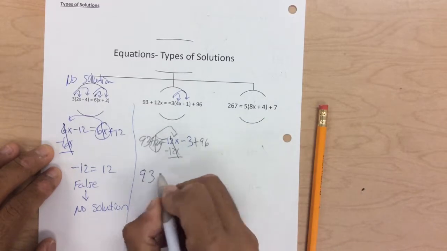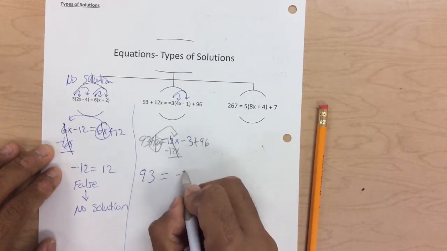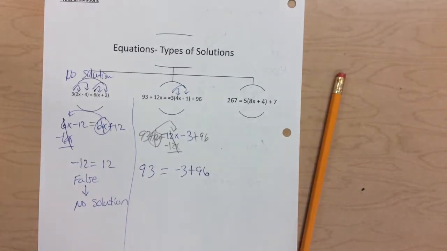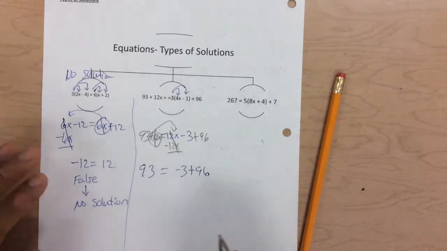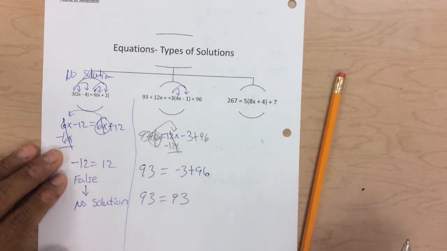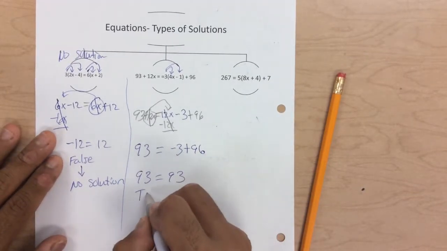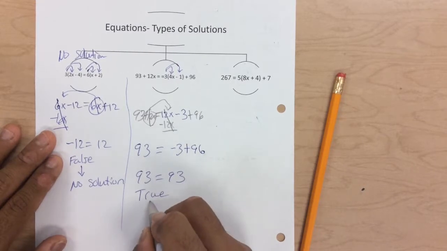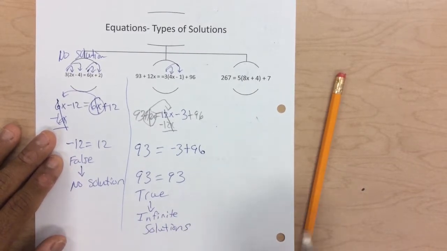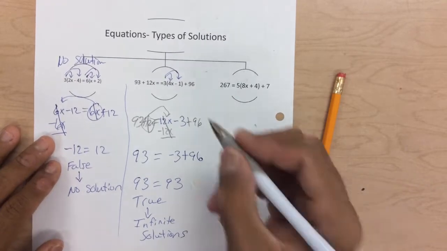So we have 93 equals negative 3 plus 96. And of course, negative 3 plus 96 is 93. So 93 equals 93. Is this a true statement? It is true. So that means this is infinite solutions, that there's a lot of solutions to this problem. So for this one, it's infinite solutions.